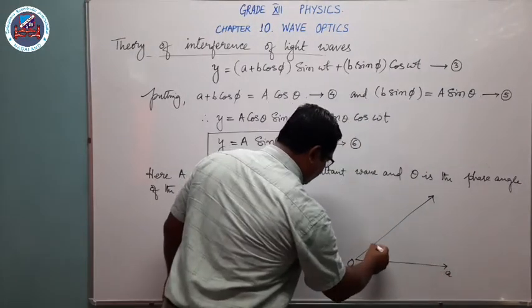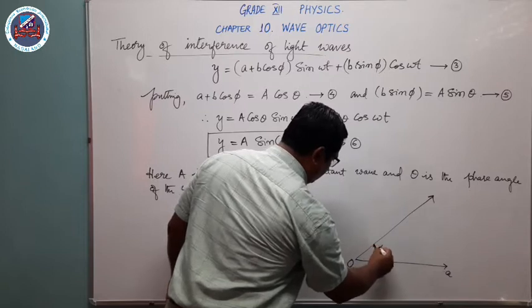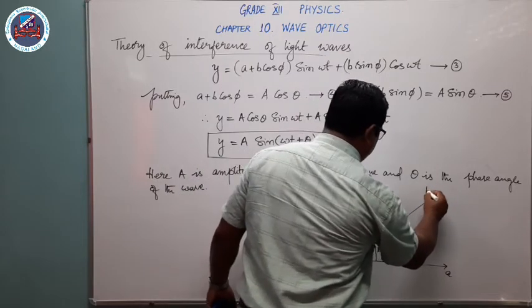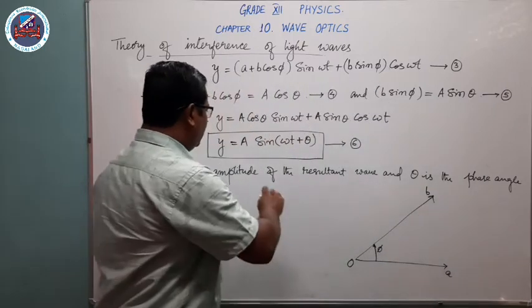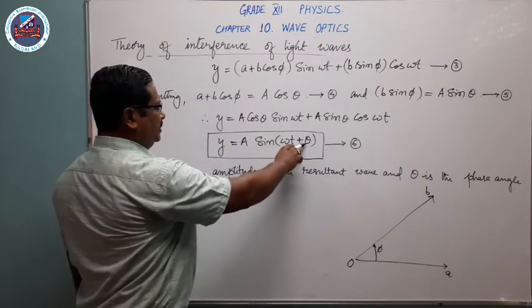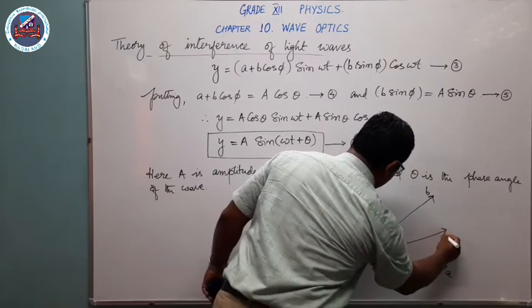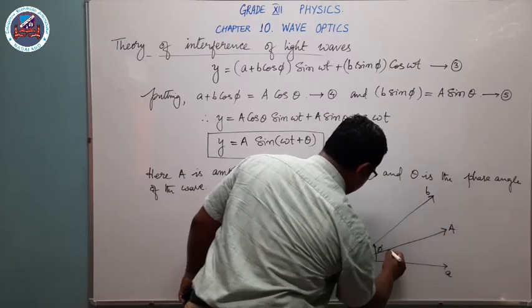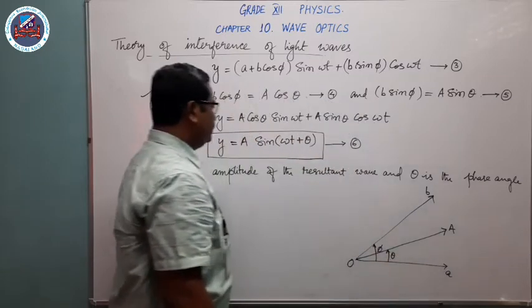Then with phase angle phi, you got the amplitude b. This is the second wave. And for the resultant wave, the amplitude is A and the phase angle is theta. So it will come here, the resultant wave with amplitude A, and this is the phase angle theta. Like this we can represent.